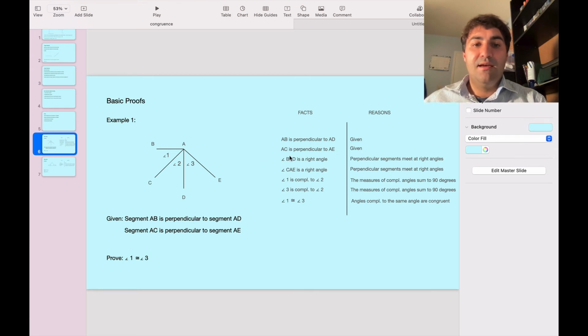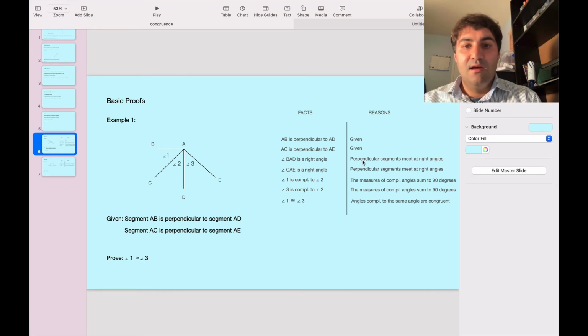Then we can say that angle BAD here is a right angle. The reason we know that is because, if you watched one of my earlier slides, we know that perpendicular segments always meet at right angles.